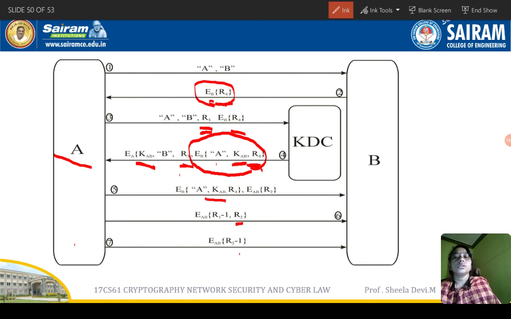Now after this data exchange part, the key exchange part and the authentication part, the communication between A and B will take place. How will they be communicating? They will be sending messages which are encrypted with the session key which was generated by the KDC, that is KAB.